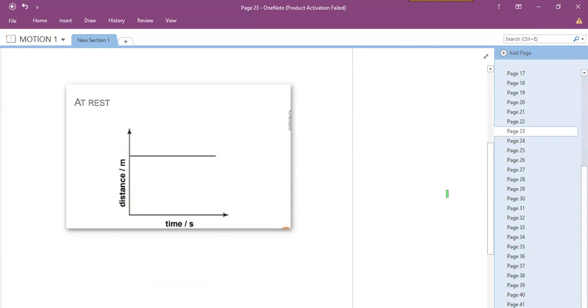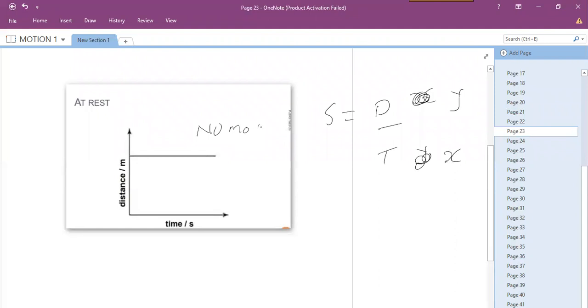On a distance time graph, your y-axis will be your distance and your x-axis will be your time.